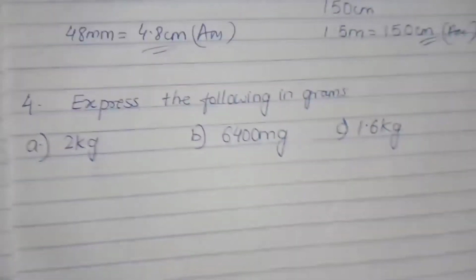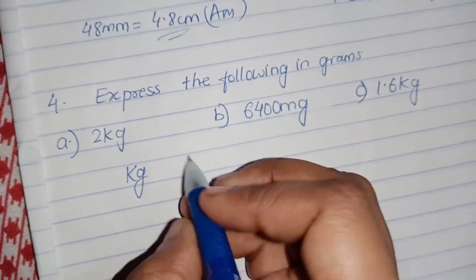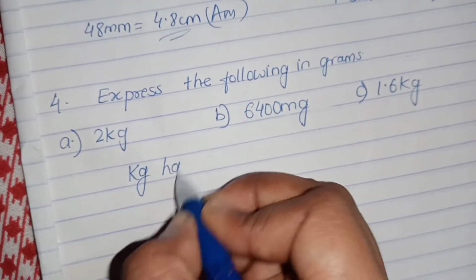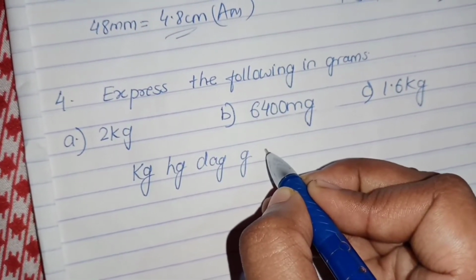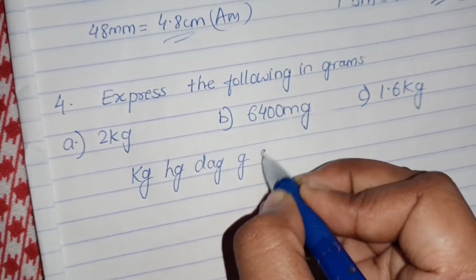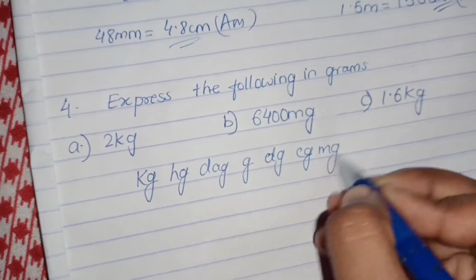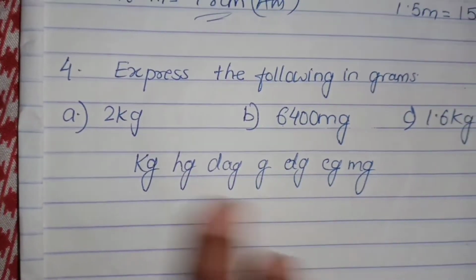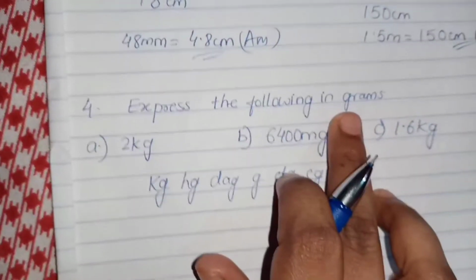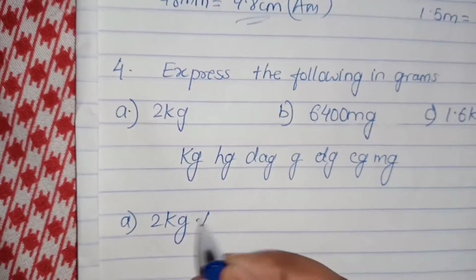So I will write here: kilogram, hectogram, decagram, gram, then decigram, then centigram, then milligram. Here you have to convert 2 kg to grams. So number A, 2 kg to gram.